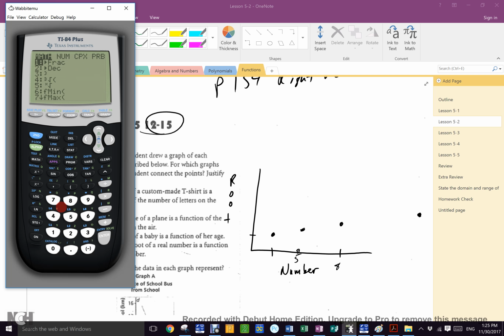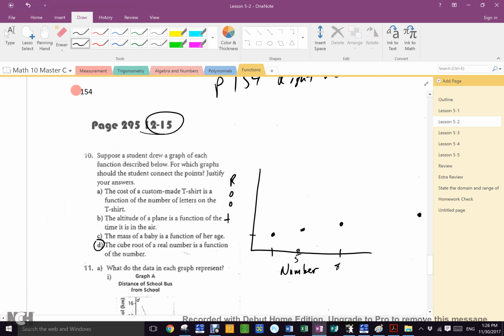Math. So the cube root of 5 equals, I got a cube root, right? But that number goes on forever and ever. Can I technically put that on a graph? No, because it's not an exact number. But for our intents and purposes, we knew that it would be between 1 and 2, and it is indeed, yes? So if we made this graph, and we drew the line and connected the line, it would connect on a curve, right?